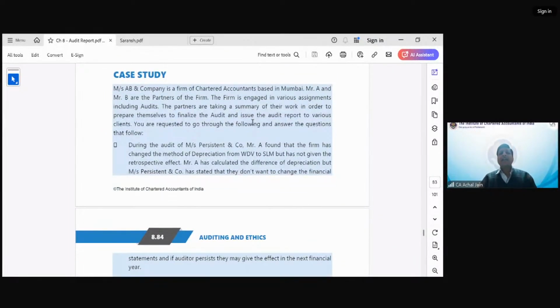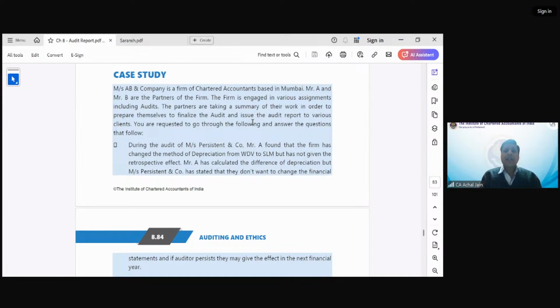Messrs. AB and Company is a firm of chartered accountants based in Mumbai. Mr. A and Mr. B are the partners of this firm. So there are two partners, A and B. Further, we understand that the firm is engaged in various assignments, including audits.